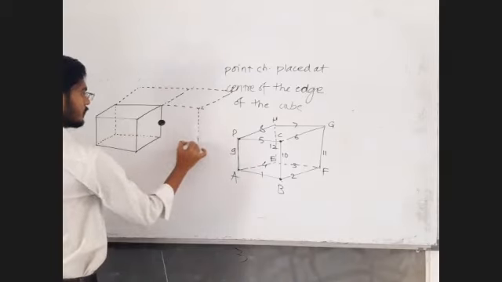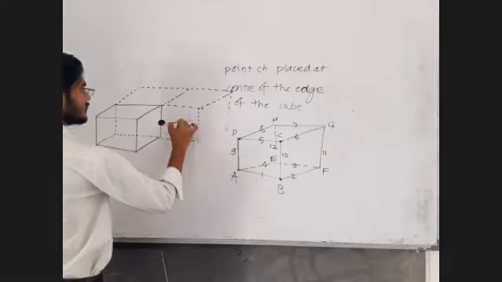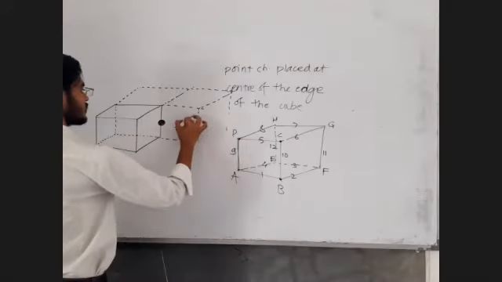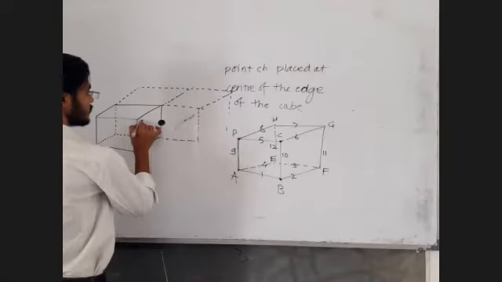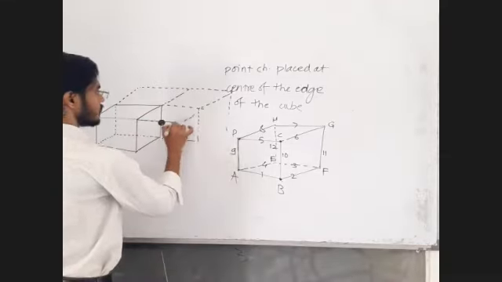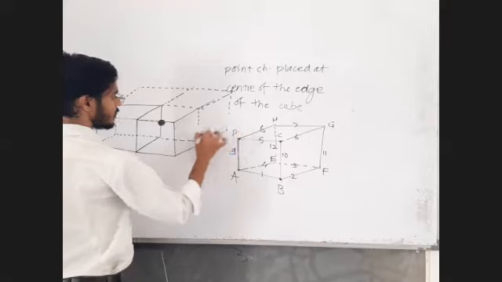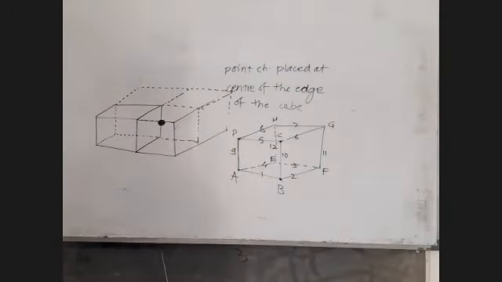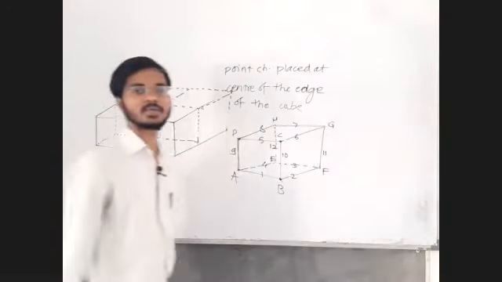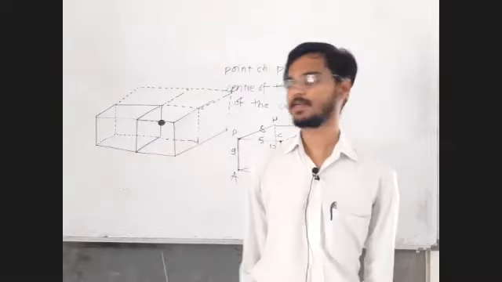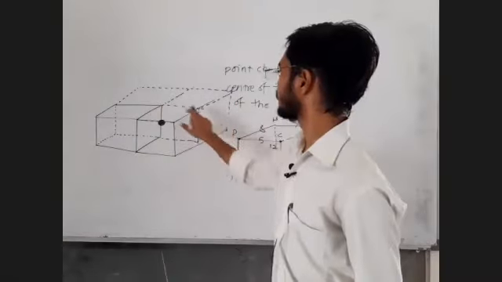How many additional cubes are to be imagined to enclose this charge? Only 4 cubes are required to enclose this charge symmetrically. Additional 3 are required.